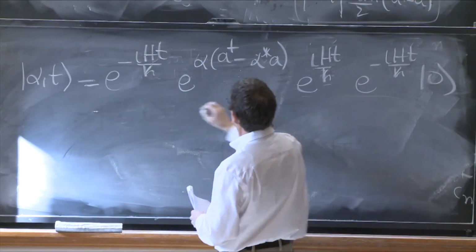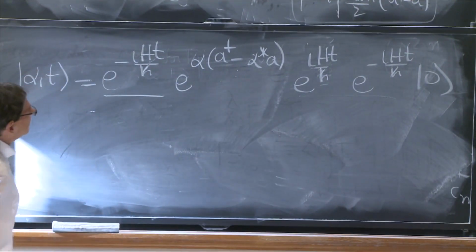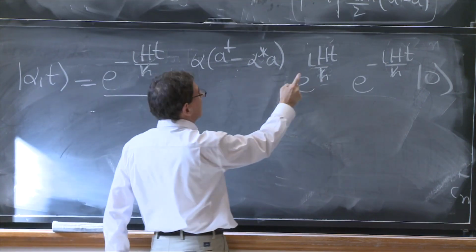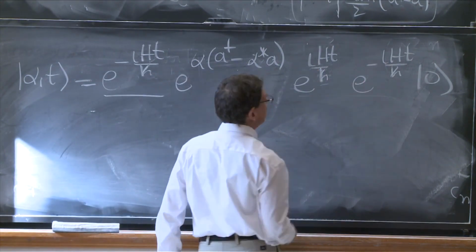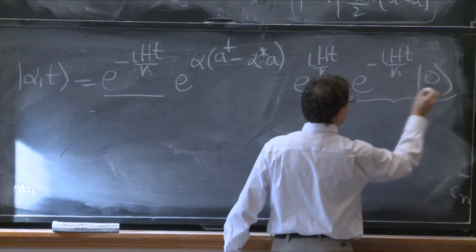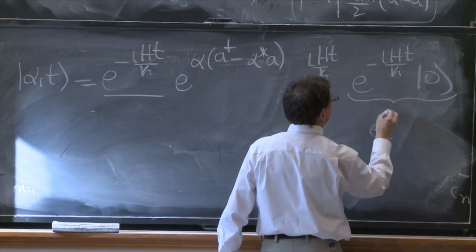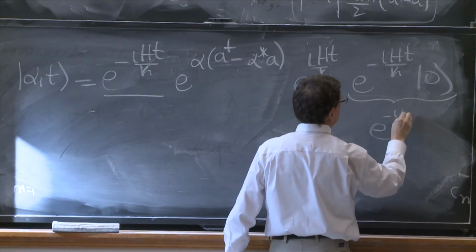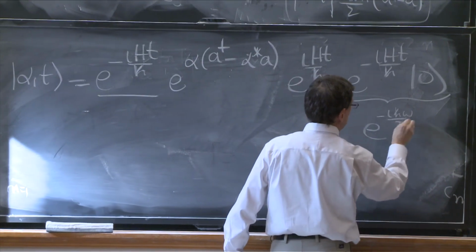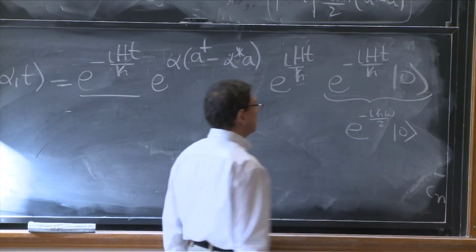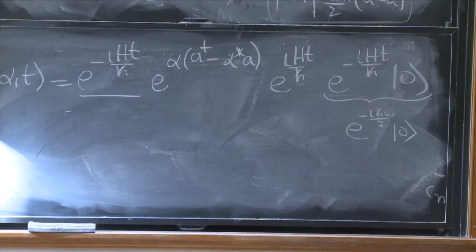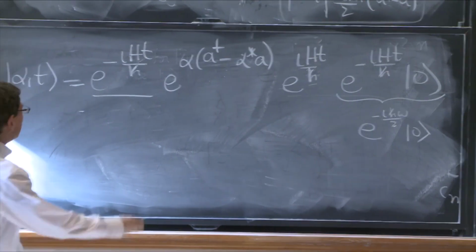So I put a 1 here. I evolve with this, but I take the state and put this and that. This is simple. It's e to the minus iH omega over 2. That's the energy of the ground state. But what is this part?